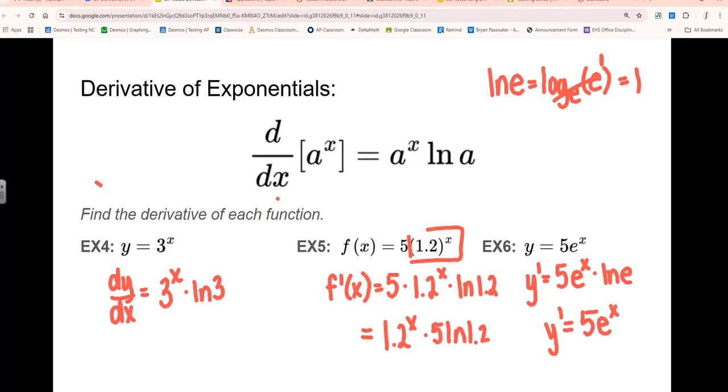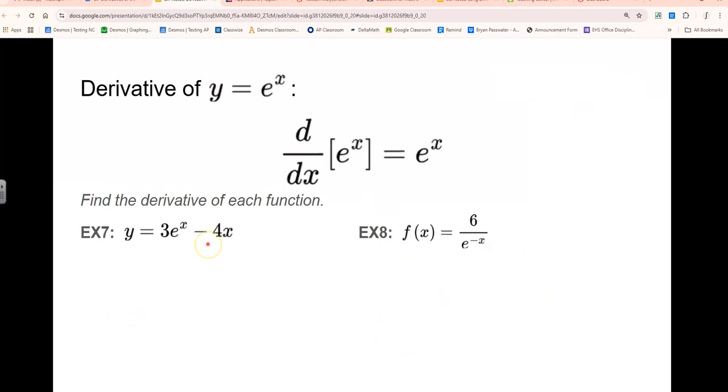But if your base is e, if you're taking just the derivative of y equals e to the x power, the derivative of e to the x is e to the x. And this is the one they give us most of the time. So most of the problems that you're going to run into are going to be with a base of e. They do not put a lot on there that have a base other than e. Sometimes they show up, so that's why we need to know that rule.